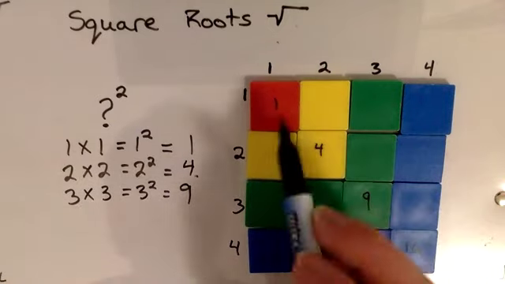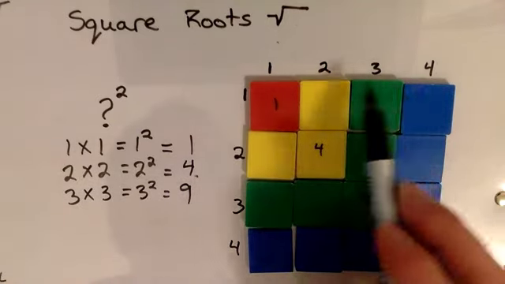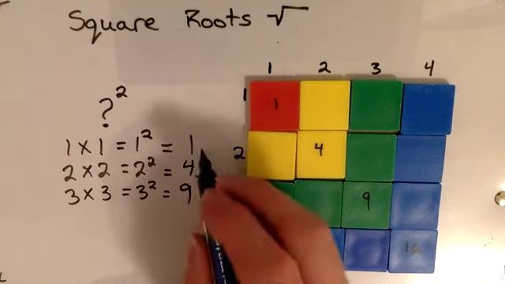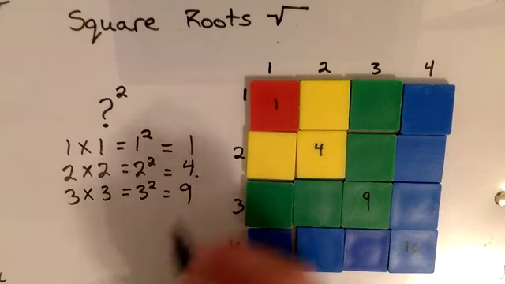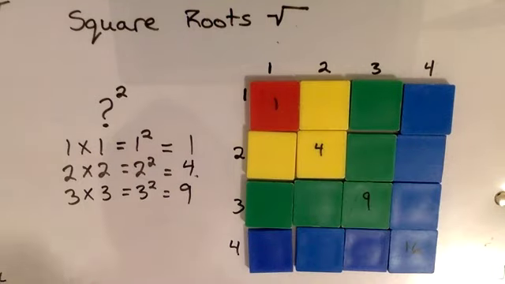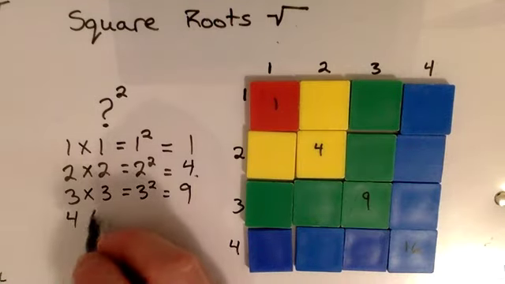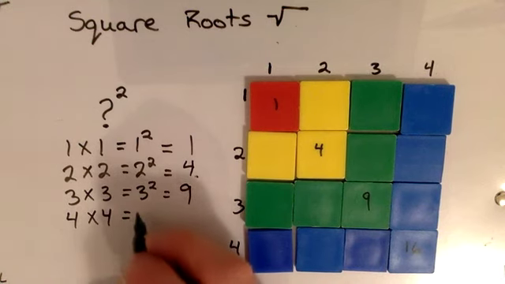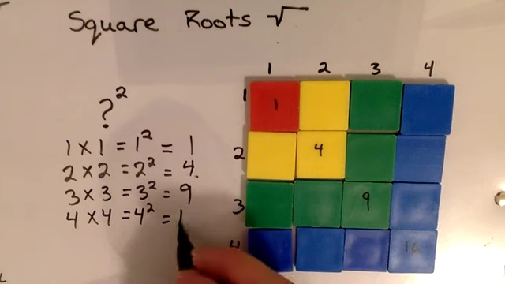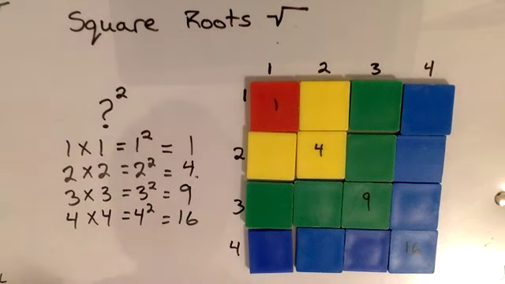So as you can see, as it goes up by 1 block each way, it goes up much more than one length in its actual area, or the total number of blocks you need to make it. And finally, 4 times 4, which is the same as saying 4 squared, is equal to 16, right here.